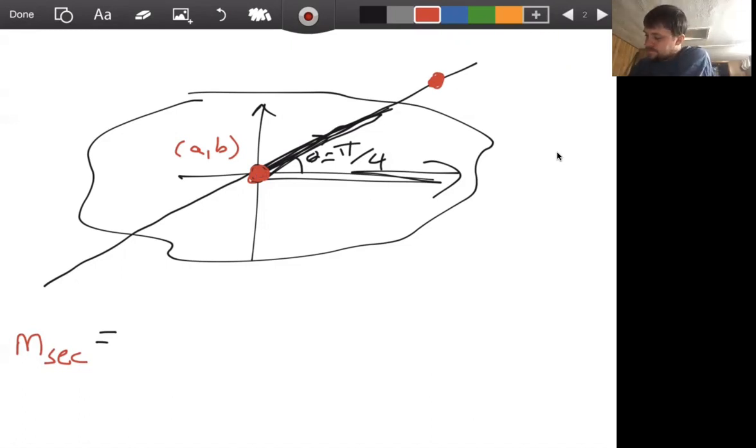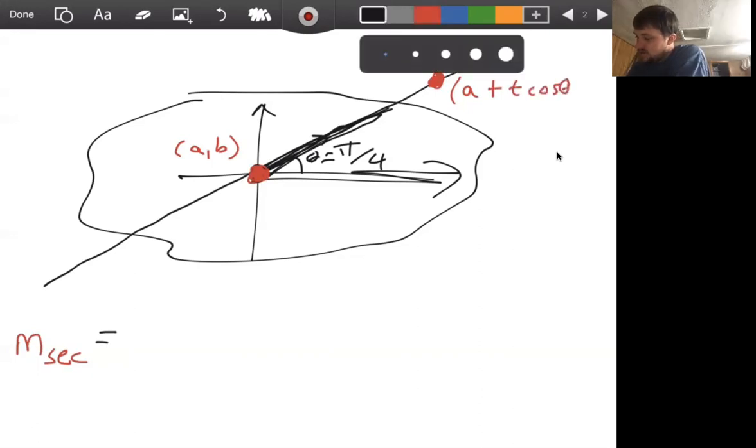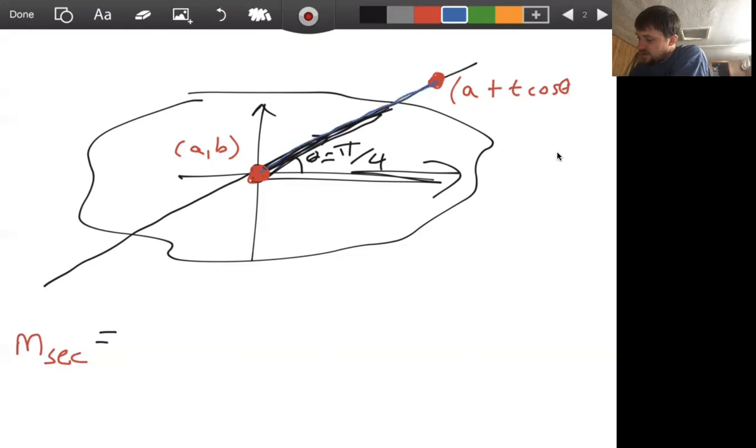Well, if this is the point a, b, then notice we've marched in the x direction and in the y direction. And how much have we marched? Well, we've marched t cosine theta in the x direction, right? So let's say here that the linear distance here is just t.